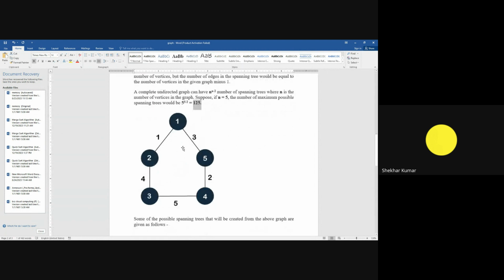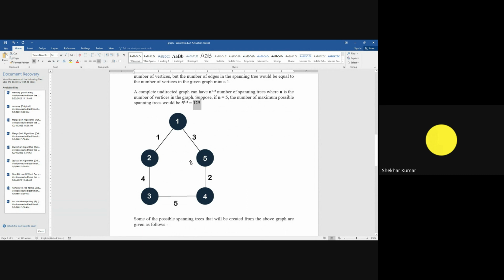This is an example. Suppose 1, 2, 3, 4, 5 are the vertices of the graph, and these are the weights associated with the edges connected to these vertices.